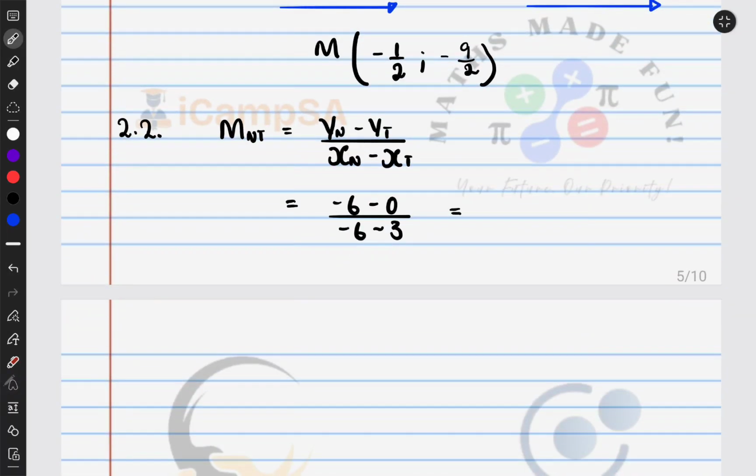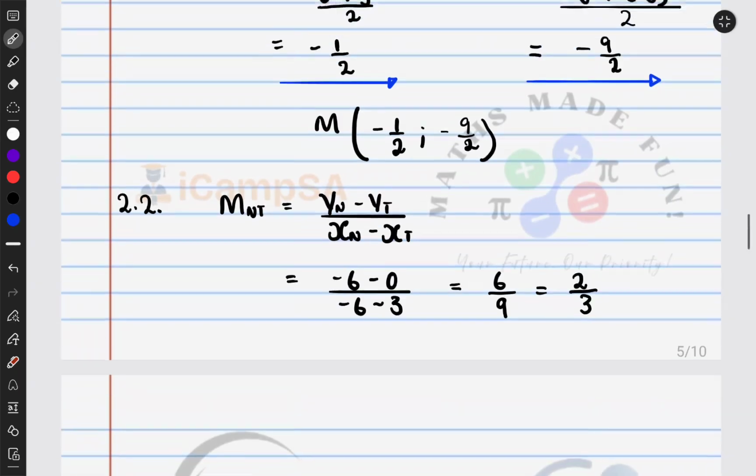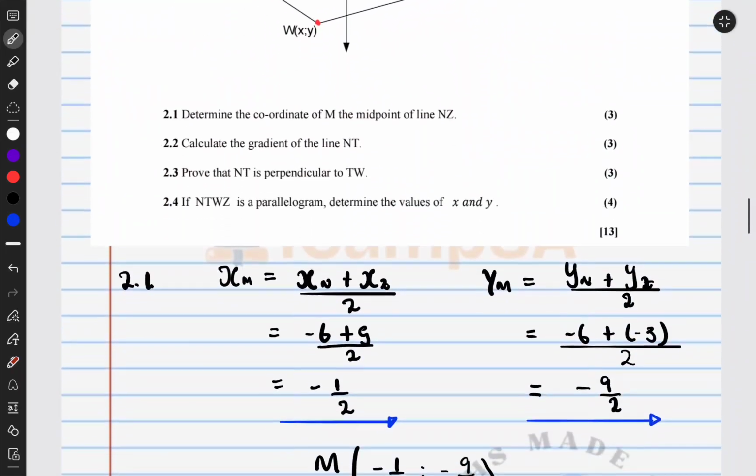Therefore, this will give us -6 over -9. Therefore, this will give us 6 over 9, which is 2 over 3, because negative 6 divided by negative 9 will give us a positive 6 over positive 9, which is equal to 2 over 3.